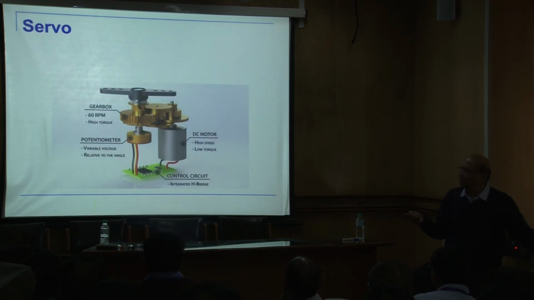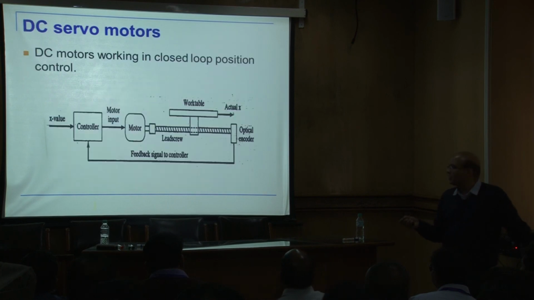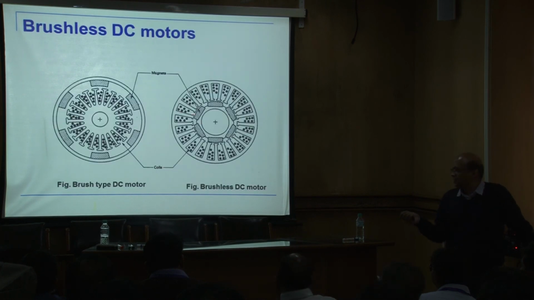Now, one kind of motor is becoming very popular now, is this servo, in which in one package, we have a motor, we have a gear, we have a potentiometer, and we have the PID controller also in one package. Now, this is very, very useful, because if you have to make a controller using a brushless DC or a brush motor, you need an amplifier, you need a converter, you need a PID controller, it becomes very expensive and difficult.